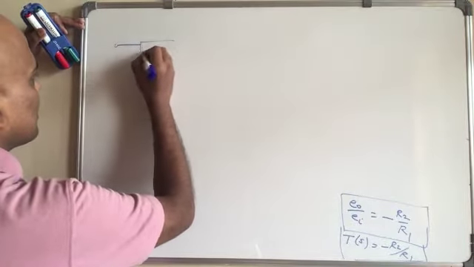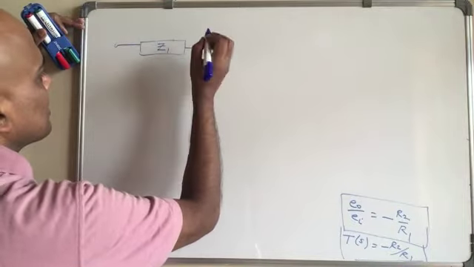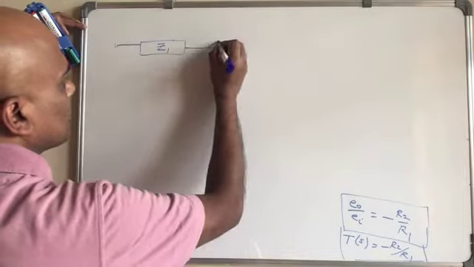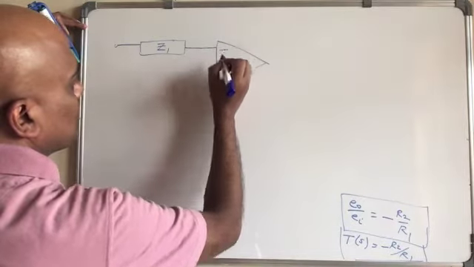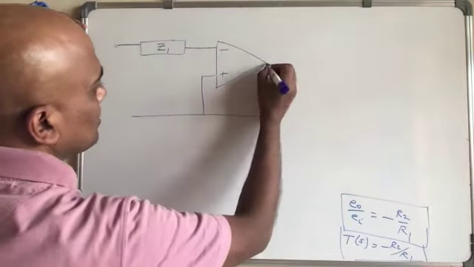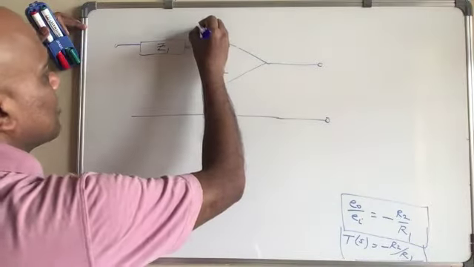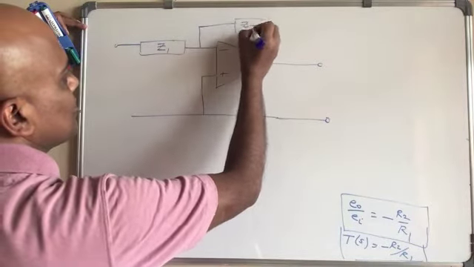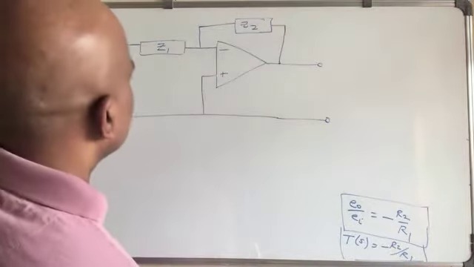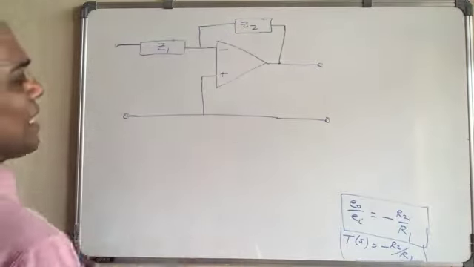So we have Z1, and then from there minus plus, and another one here, this is Z2, connected like this. Z1, Z2, all these are impedances, right?